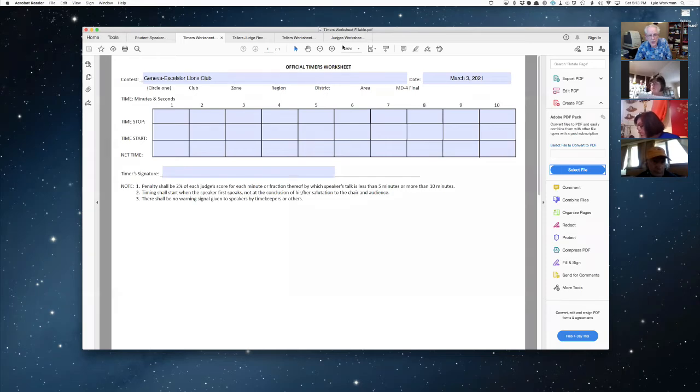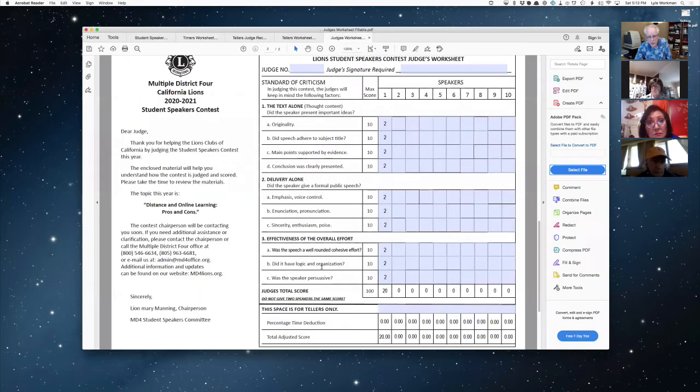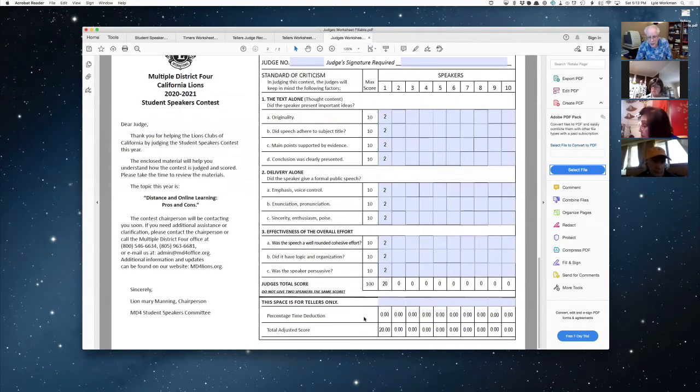I'm going to jump back to the judge's sheet, and you'll see right down here there's a row. In each one of those little boxes, there can be penalty minutes added.